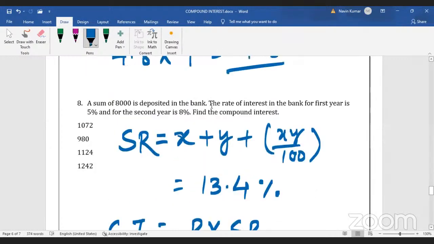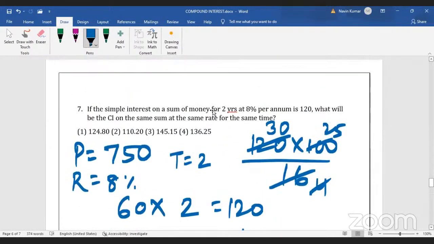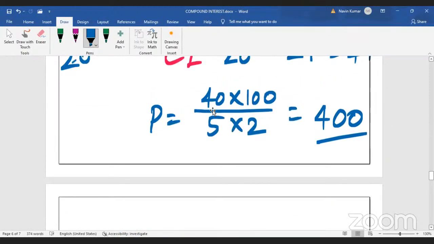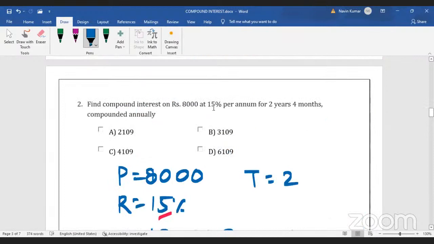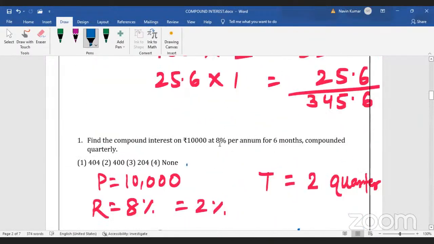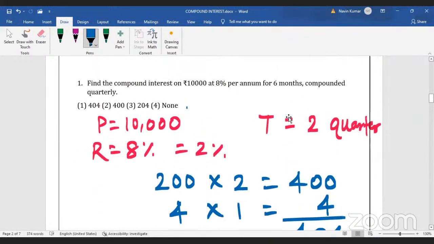We can apply this trick anywhere. अभी 2 साल आया है ना, जहां भी वहां पे अप्लाई कर सकते हो. जैसे in this question also, can you see time is 2 quarter? So यहाँ भी SR method apply कर सकते हो. तो you have to take 8% 2 times. X का वैल्यू भी 8, Y का वैल्यू भी 8, तब भी आपको आंसर मिल जाएगा. Try this. You have 2 minutes left.